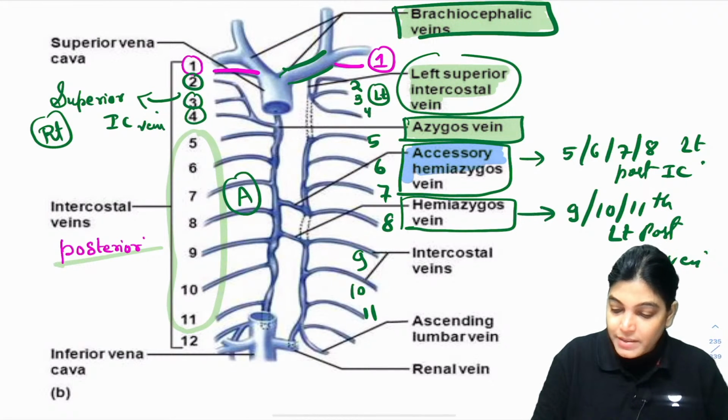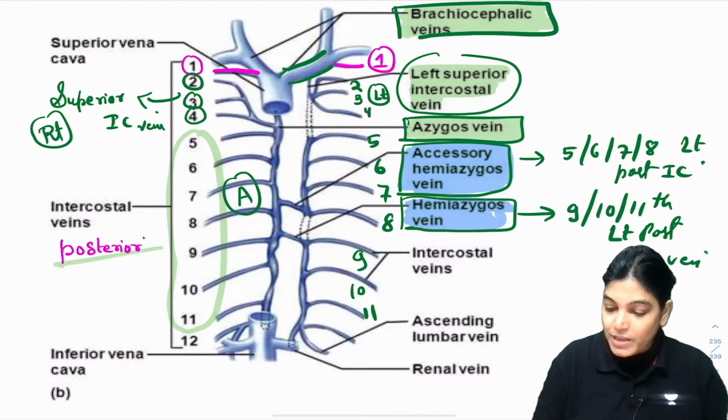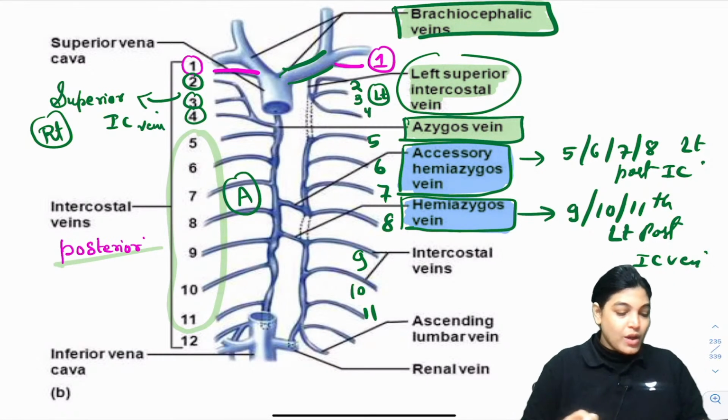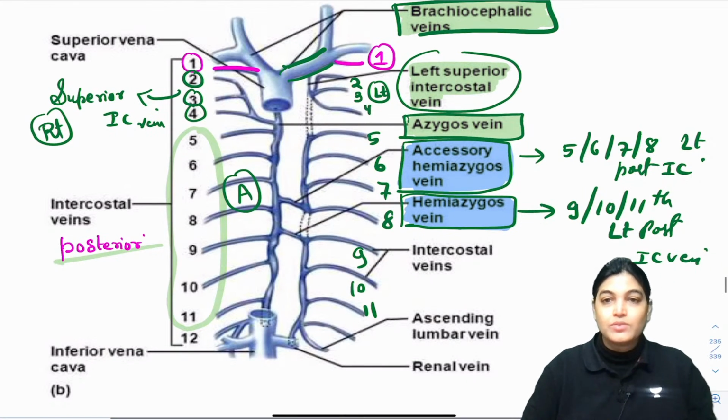So the accessory hemiazygous is different on the left side. So have you understood? Let's move on to the next. So we have done with this.